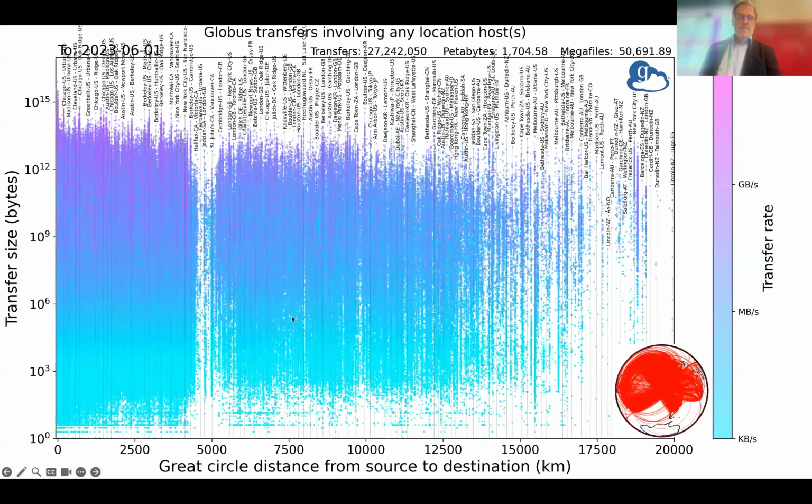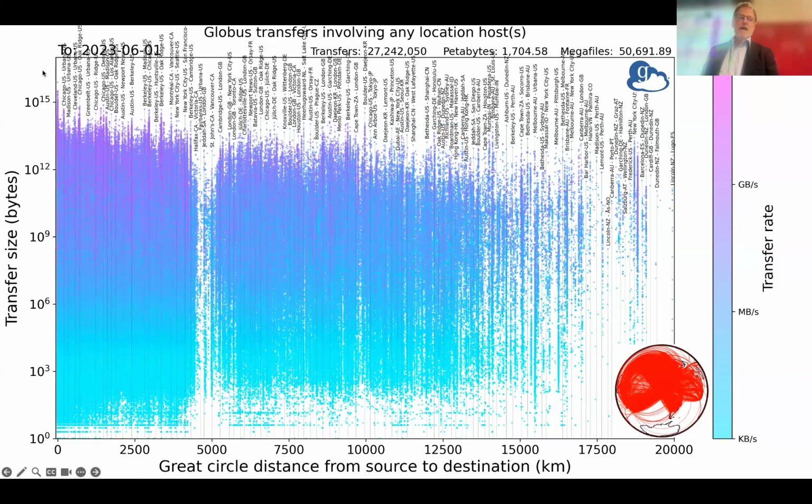Here's one more slide that I find interesting to look at. It takes a bit of time to understand it. So the x-axis is the great circle distance from source to destination of a transfer. Every dot is a transfer between one site and another.